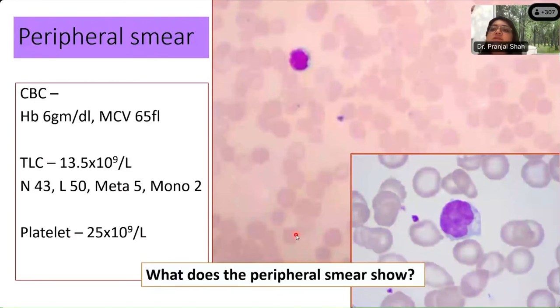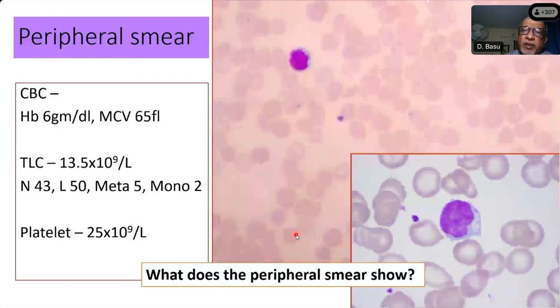As we can see here, there is anemia as well as thrombocytopenia in the patient, and abnormal cells like metamyelocytes can be seen. Let's not call them abnormal. Let's say that metamyelocytes are there, suggesting a shift to the left of the myeloid series.